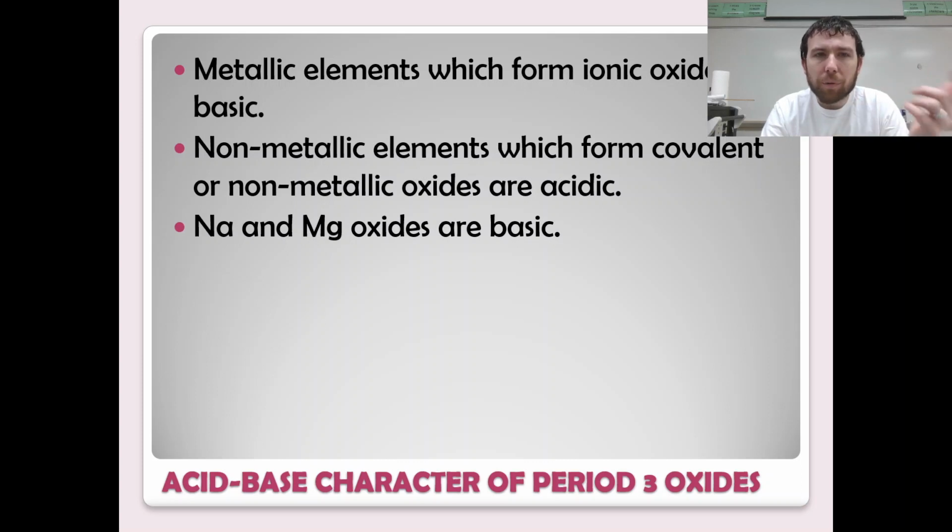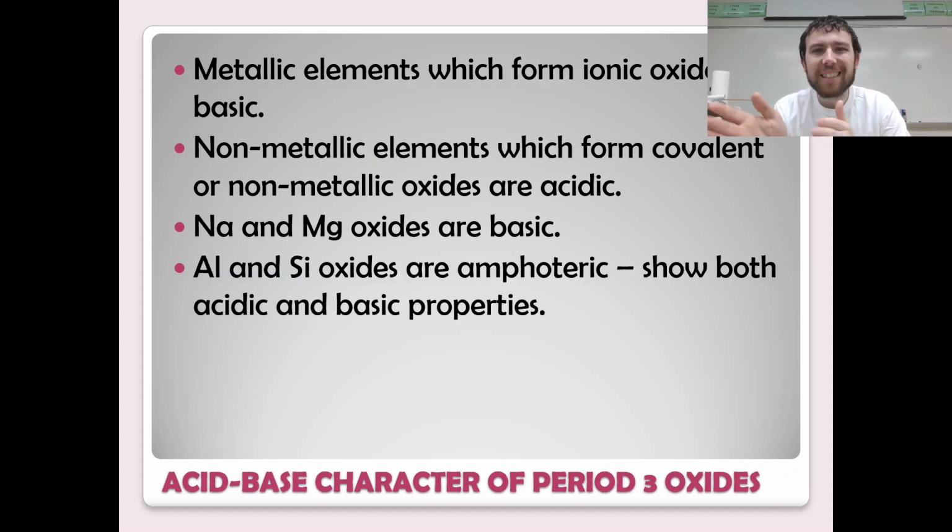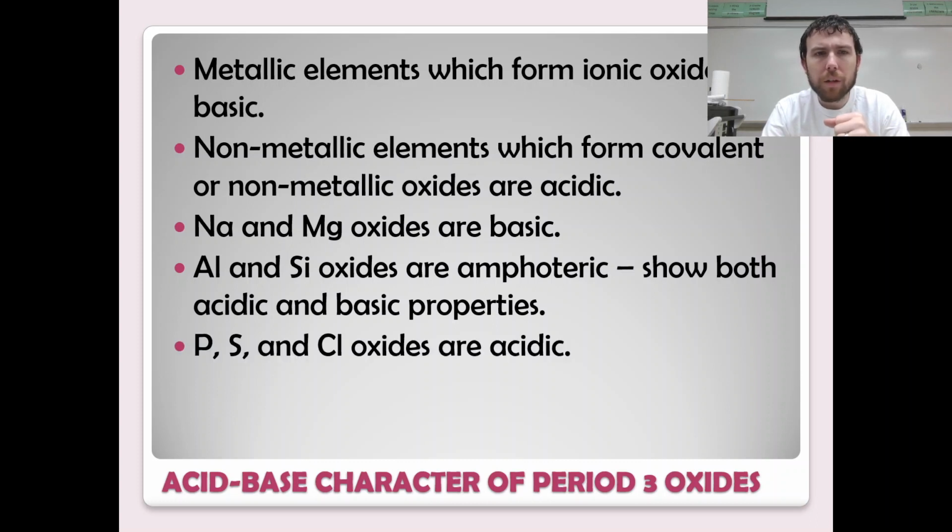So, to break this down by period 3, sodium and magnesium, those oxides are basic. Aluminum and silicon oxides are what are known as amphoteric. And what that simply means is that they can be both basic or acidic depending on other factors that are playing out in the reaction of those oxides. And then phosphorus, sulfur, and chlorine, those oxides are acidic, following the trend that we were just talking about.